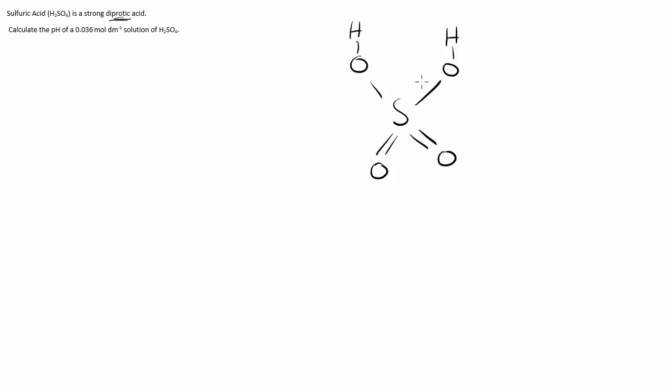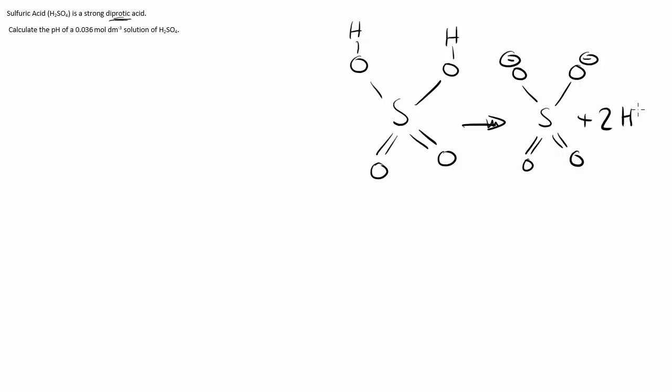You can see that each of these oxygens has a hydrogen bonded to it, and when the sulfuric acid goes into solution, both of these hydrogens, or the H's, basically dissociate as H plus ions, and so that would form this, plus 2H plus ions.